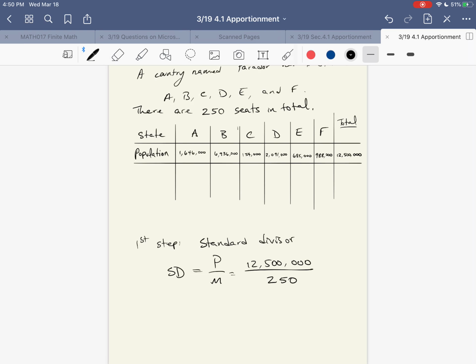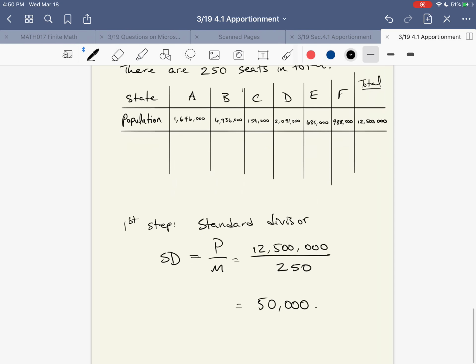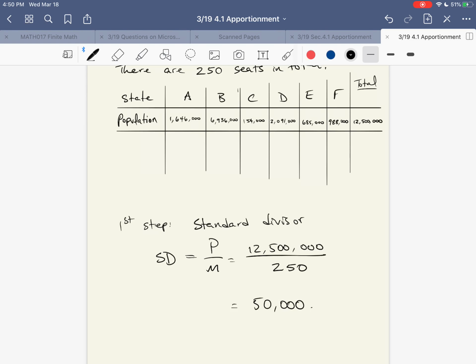Let me type this into my calculator here. We should get 50,000. Okay, so what does this mean? This means that for every 50,000 people that a state has, they should get 1 seat. So, for every 50,000 people, that state should get a seat.